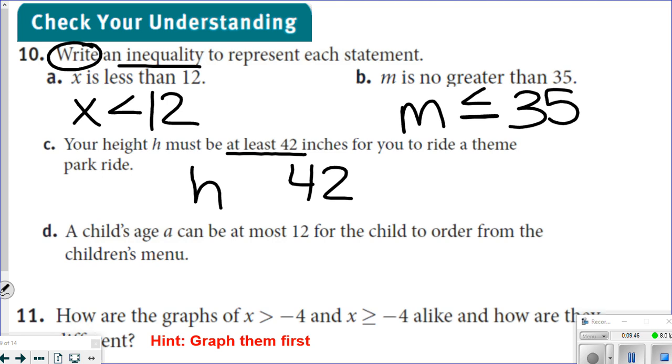Can we put a baby on a roller coaster? No. Could somebody that's 6 feet tall ride the roller coaster? Yeah. Could a freshman in high school ride a roller coaster? Maybe, as long as they're at least 42 inches tall. So your height needs to be greater than or equal to 42.